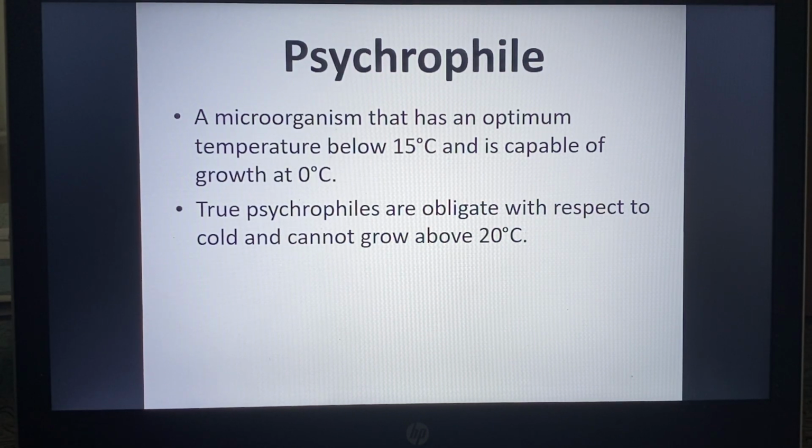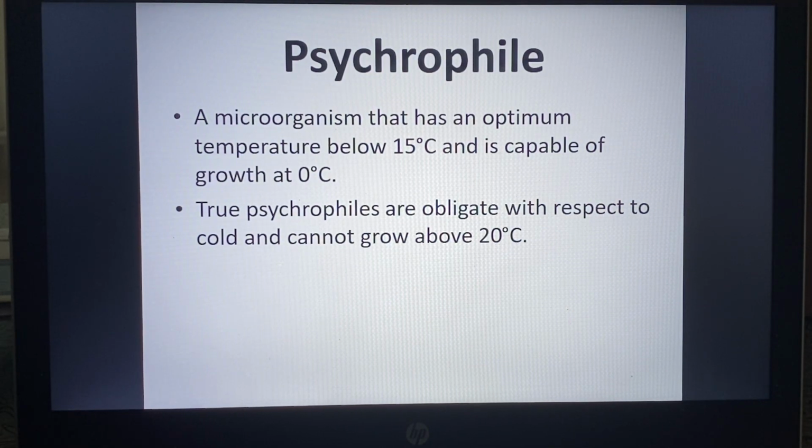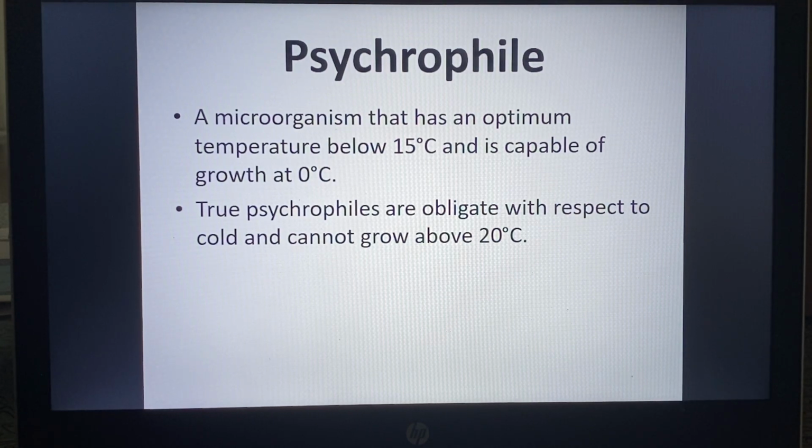However, its range of growth is so broad that it can also cause infections in humans, okay? But it grows much less in humans than it would, say, in your refrigerator, okay? So typically a psychrophile likes it cold, may be able to grow at medium temperatures, but really prefers the cold.